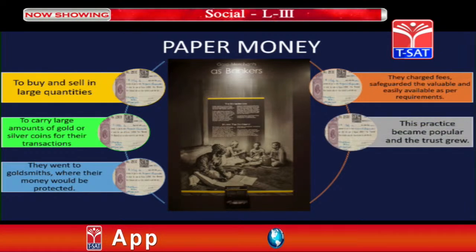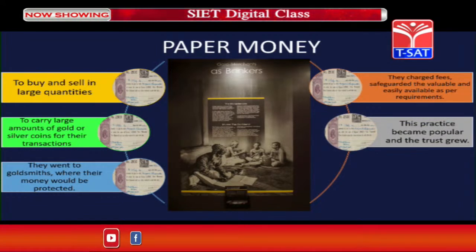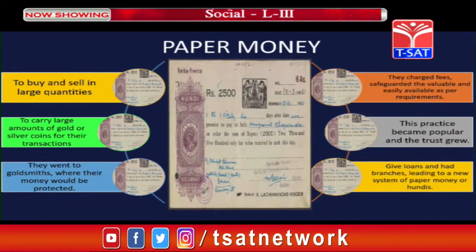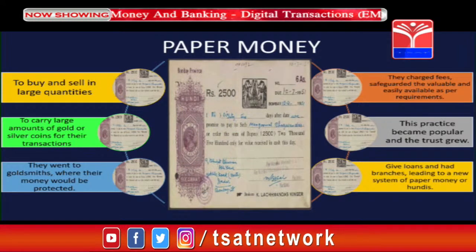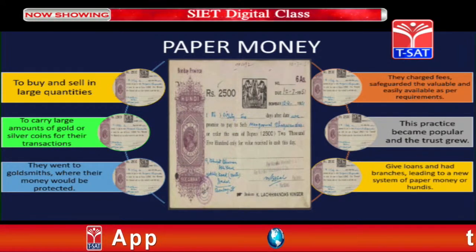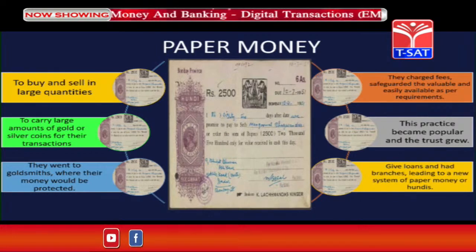And the goldsmiths charged fees for keeping their valuables safe and making them available whenever they wanted. These practices became popular and the trust in some of the goldsmiths like Schroffs grew, and these goldsmiths would also give loans and had branches in many cities, leading to a new system of paper money or hundis.